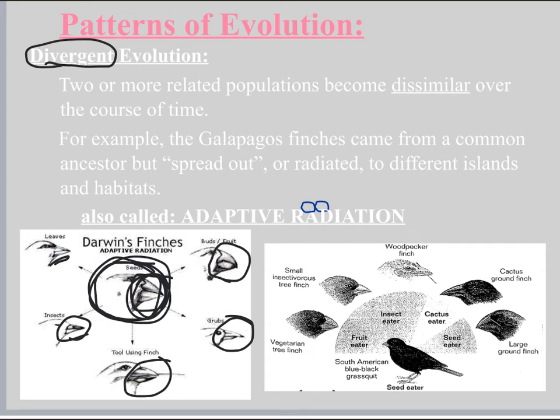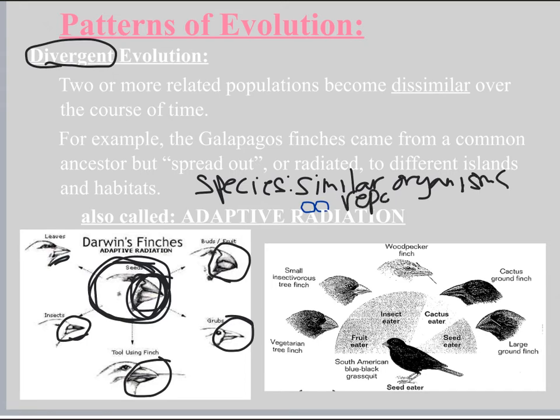So a species, just to wrap up here, is similar organisms that can reproduce and have fertile offspring.